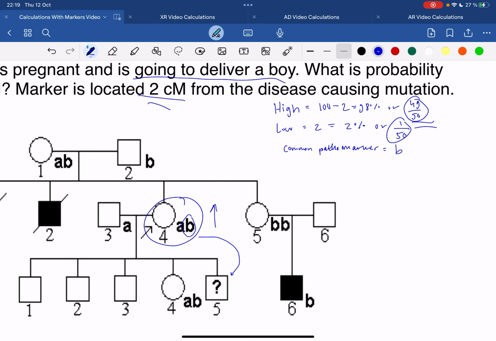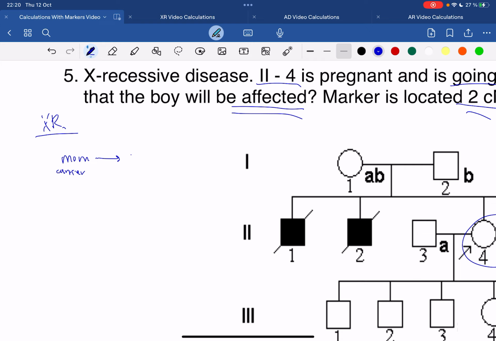Not actually, because you can see here, when it comes to X-linked recessive pathology, the mother is a carrier while the father is not. So the mother can make her son affected.